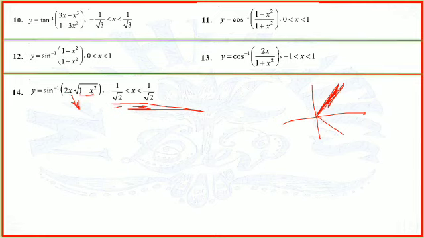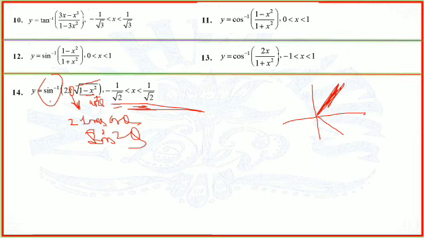Under root, 1 minus sine square theta will become cos square theta, and then square and square root will go away, and then outside, x you have already replaced with sine theta. 2 sine theta into cos theta will become sine 2 theta, and outside is sine inverse, so sine and sine inverse will go away, and you will have 2 theta, and theta you have already substituted, x is equal to sine theta.